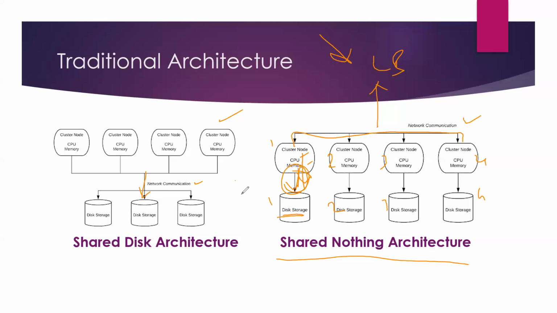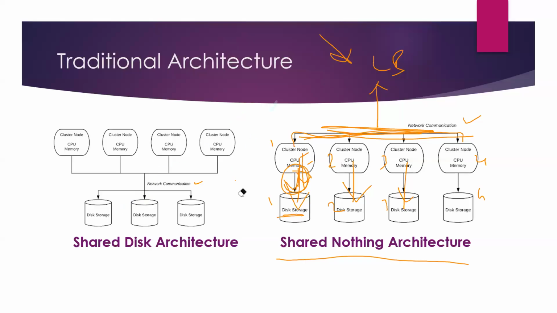This network communication is only to share signals, not the data. In the shared disk architecture, data is transferred over the network. But here data is not transferred because all nodes are independently connected to separate disk storage. But there the data is transferring, right?